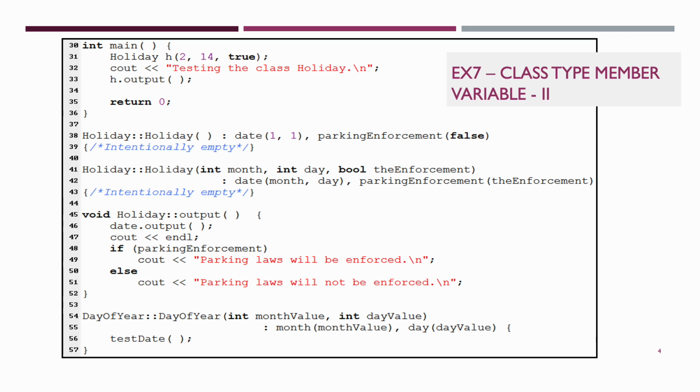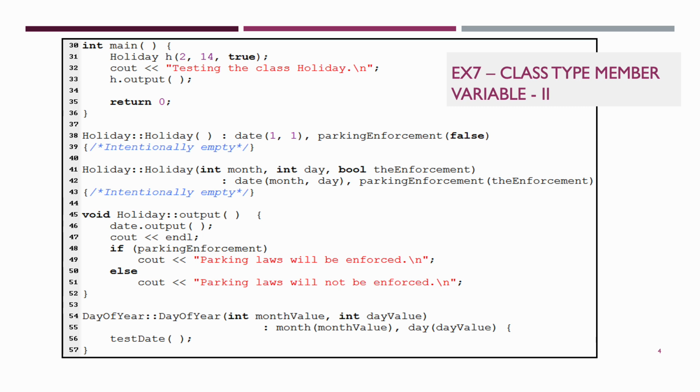Look at the holiday: 14 is the date and 2 is the month, so February 14 is a holiday, and the true means parking enforcement is set to true. It demonstrates how we can pass parameters for the month, date, and whether parking enforcement is active when creating the object.